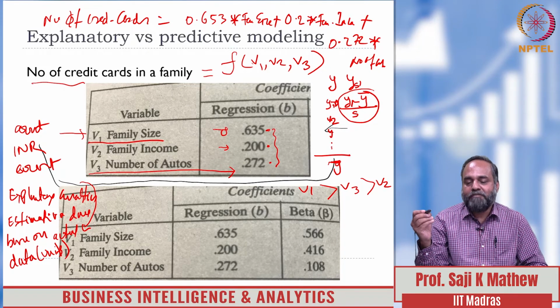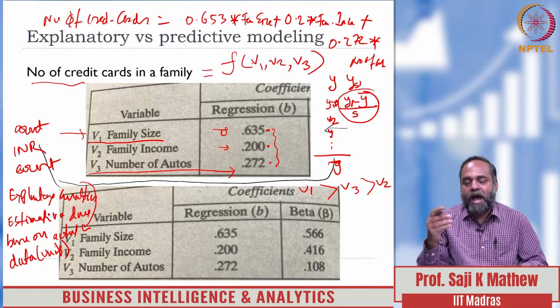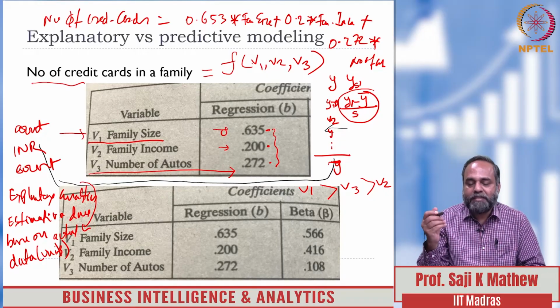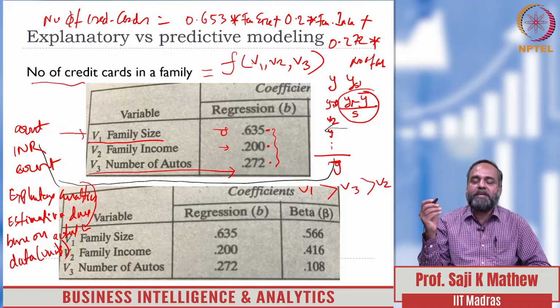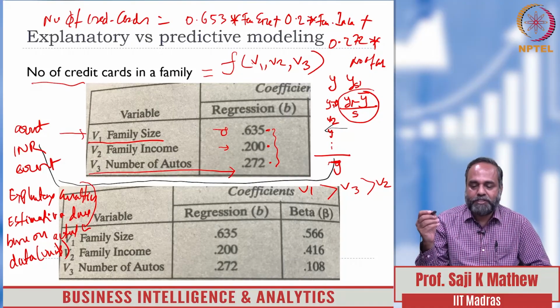What is the change I have made here? Instead of using the absolute value, I have converted this into a ratio. With respect to standard deviation, what is the deviation of y1 from the average y? That is what a z-score is representing. So for every point I am comparing the deviation from the mean with respect to the standard deviation.